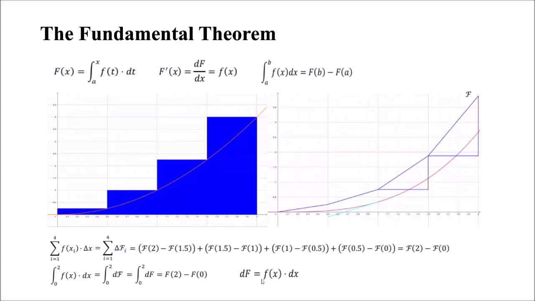So infinitesimal areas of rectangles are simply measuring infinitesimal changes dF, and one can sum or integrate these infinitesimals to compute finite differences. This is the essence of why calculus works, and why some people say calculus is the theory of change.